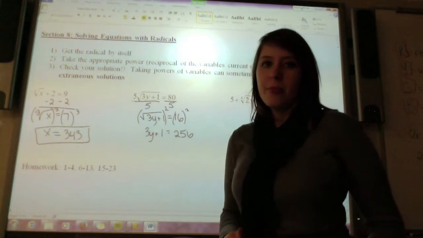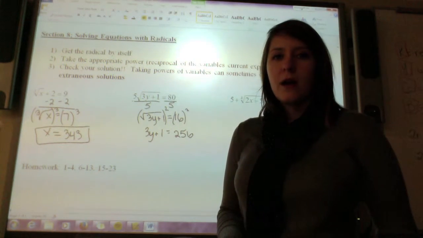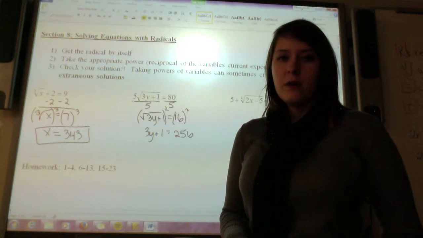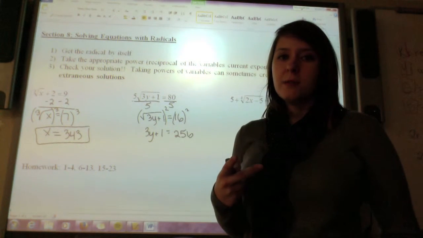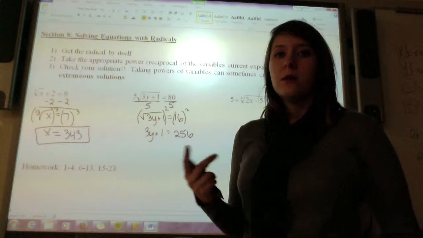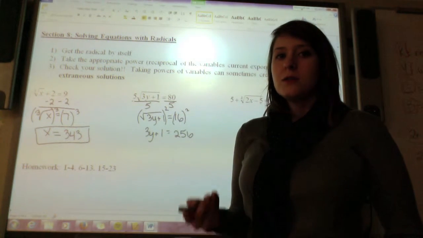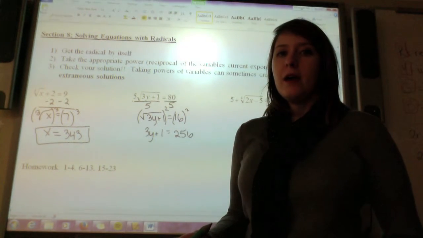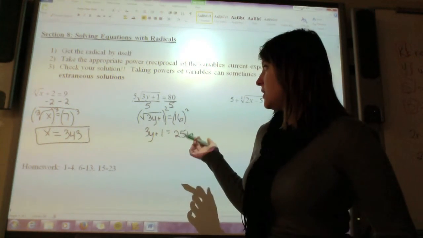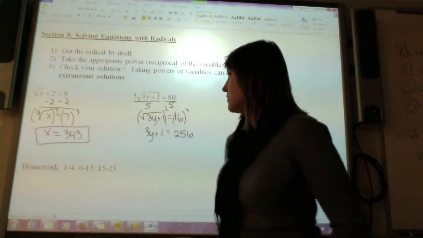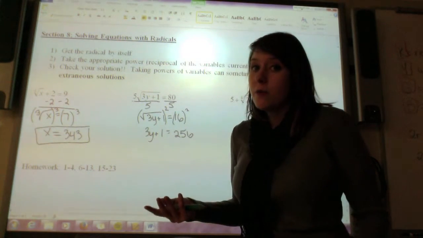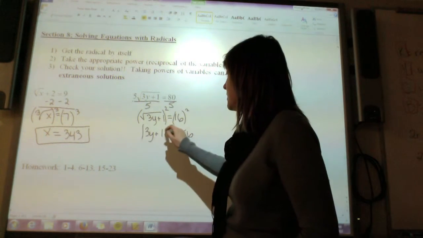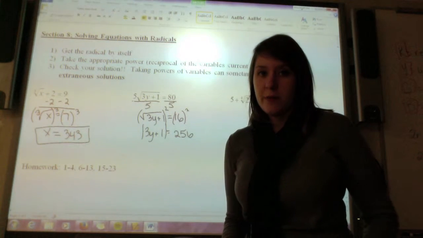Now remember, when you square a square root, you can get 2 possible answers. You can get the positive answer or the negative answer. So technically speaking, when I'm raising it to an even power instead of an odd power like I was over here, I could get more than one solution, meaning that this needs to be an absolute value problem.